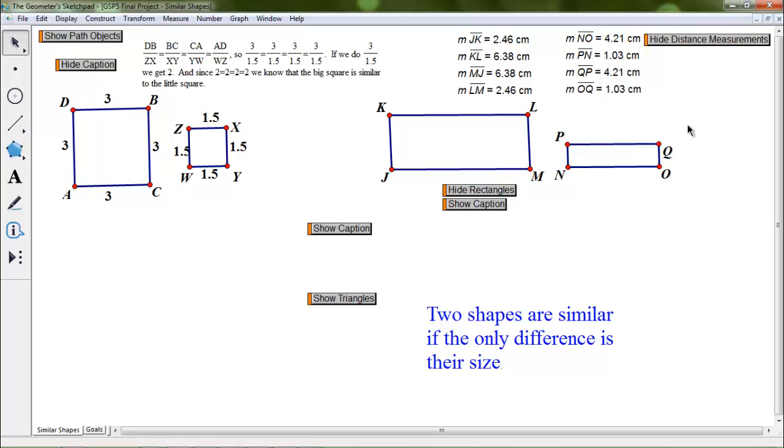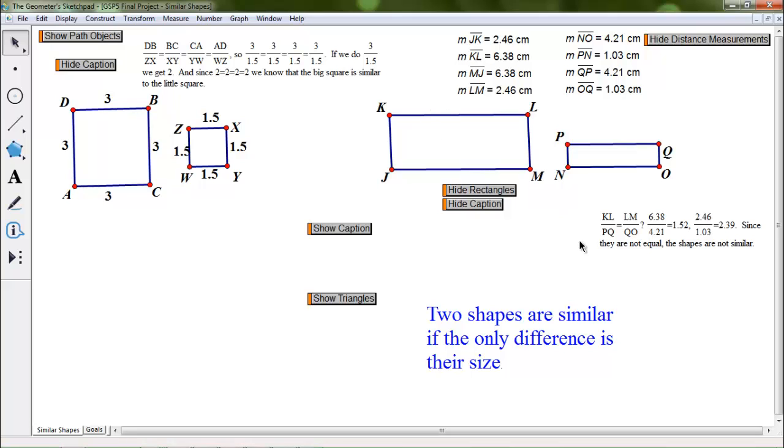It doesn't really matter which one goes on top, as long as we're consistent and the smaller side goes on top or the bigger side goes on top for every one of the division problems. Then to figure out if they're similar, we also need to take the sides of these to determine if they equal each other, to see if maybe like this one, it's twice the size, 3 times the size, or whatever.